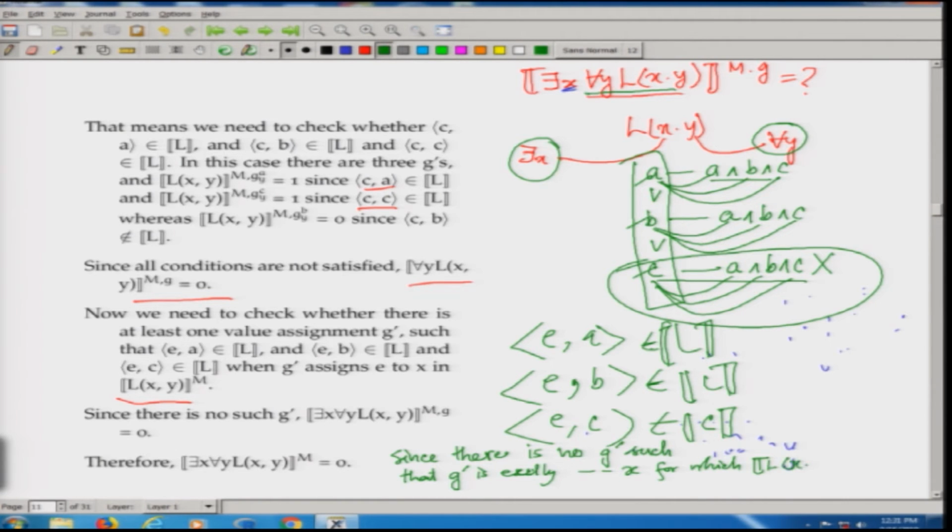L x y with respect to M is 1 for every value assignment G prime such that it is exactly like G, except possibly for the variable, in this case the variable is y, right.